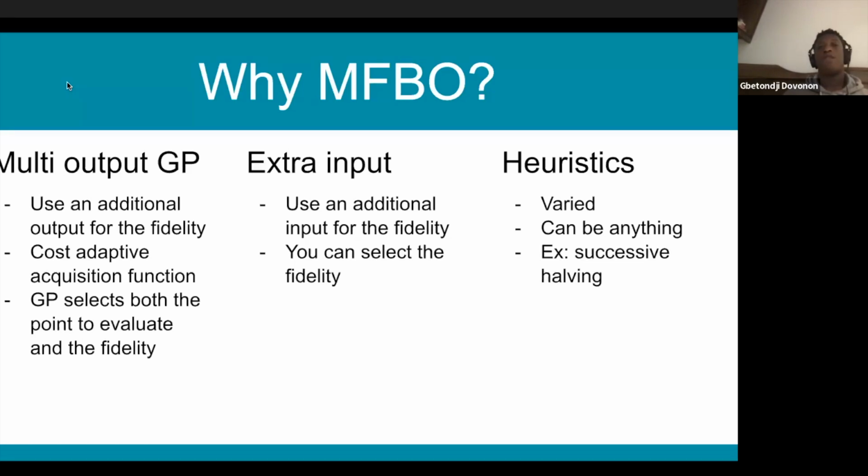So the fidelity is increasing and the size of the total settings you are evaluating is being halved. That's why it's named successive halving. There's quite a lot of different heuristics like that, but there's not a single way of describing all of them, and they're quite varied.